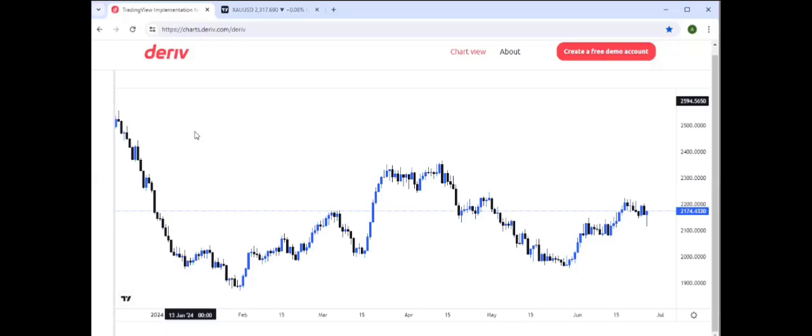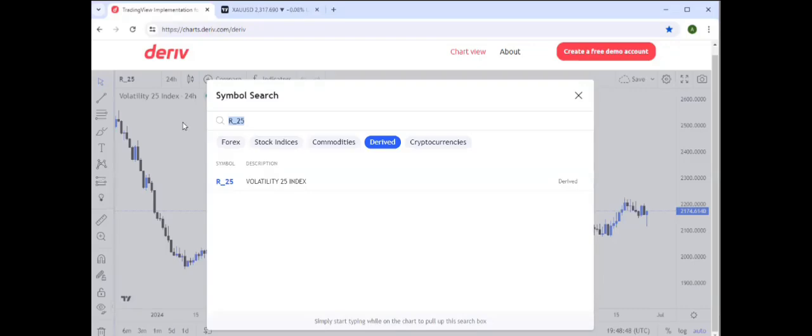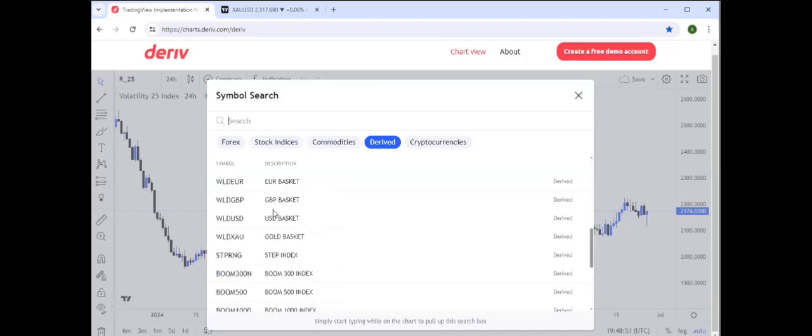But if TradingView will not work properly, then I'll just find a way to use MetaTrader 5. The only problem I have with MetaTrader 5 is that drawing these lines gives stress. All right, so which asset should we use? Which boom and crash should we use? Yeah, 500.